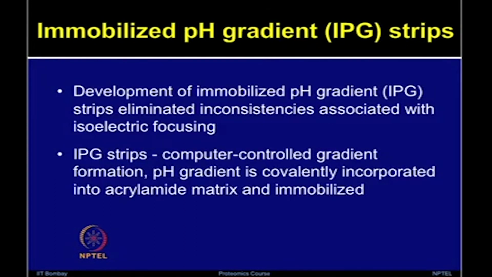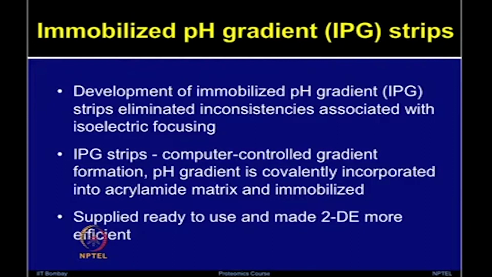The IPG strips are computer controlled gradient formation, and the pH gradient is covalently incorporated into the acrylamide matrix and is immobilized there. So, reproducibility from one IPG strip to another is very high.